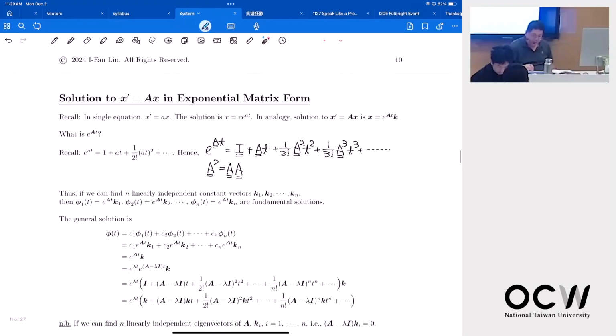But now just keep in mind that for the single equation, x prime equals ax, the solution should be e to the at. For the system equation, we also have e to the At, where this A is a matrix. And how do we find the exponential matrix? We will see it, definitely not today.